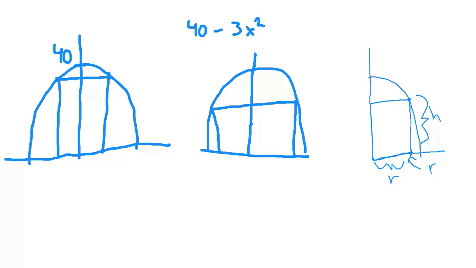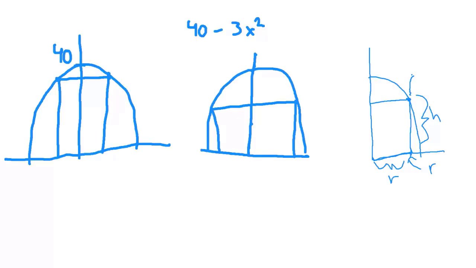And if the x value at that point is r, we can calculate this height by simply doing r comma, and now we have our equation. So let's say we call this equation f of x, f of r.